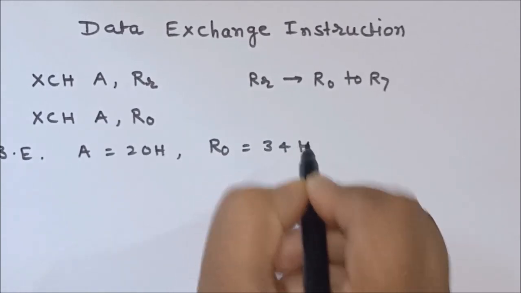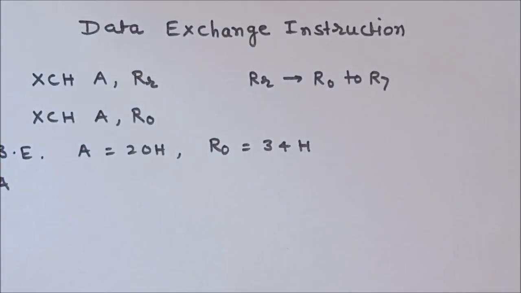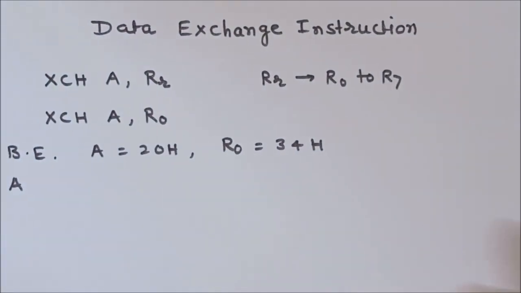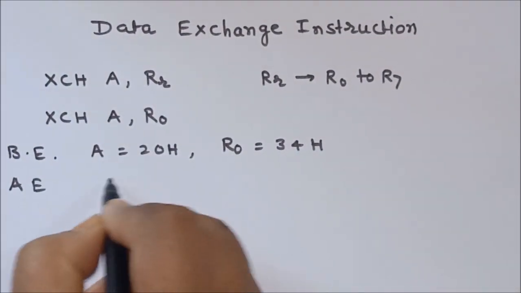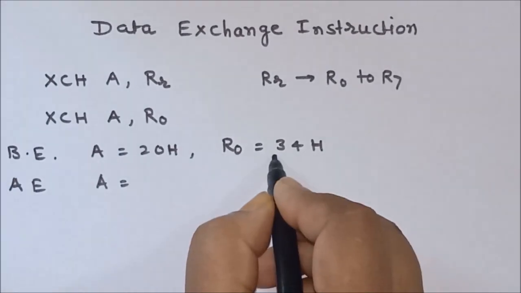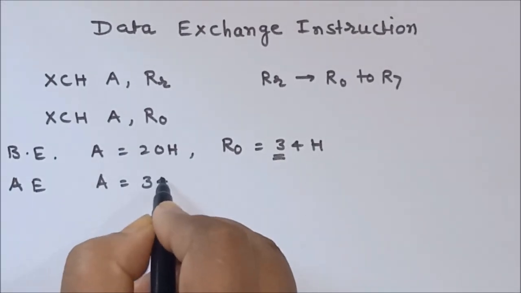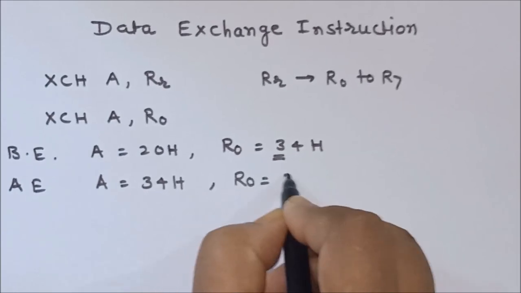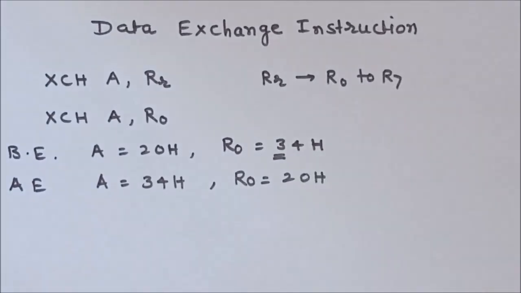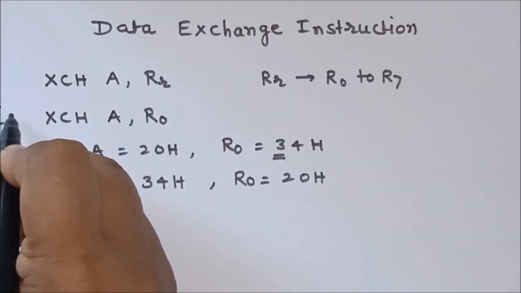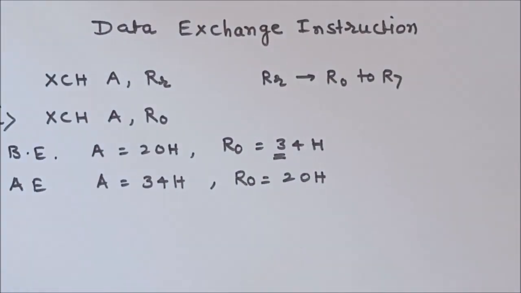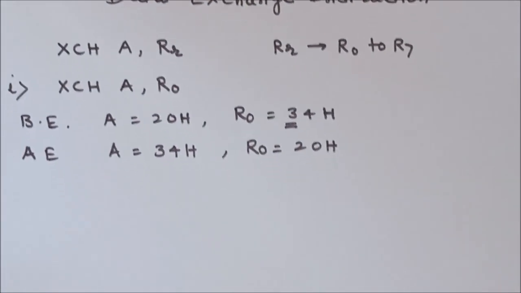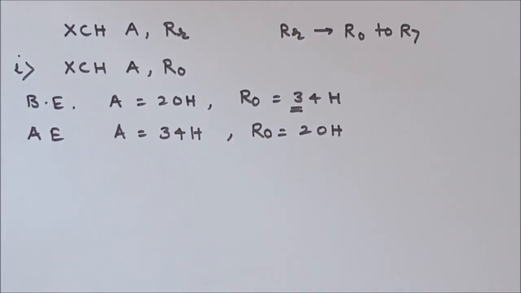Then after execution of instruction, accumulator will contain data of R0, that is 34H, and register R0 will get 20H. So this is one example of exchange instruction in register addressing mode.